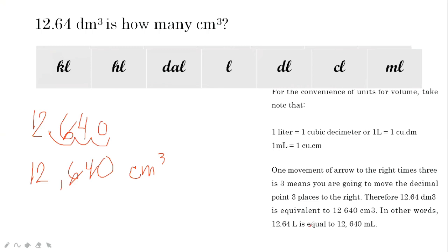Okay, so from liter to ml. So, 1, 2, 3. So, ang 12.64 going to the right. Move natin yung decimal point ng 3 beses. 1, 2, 3. Okay, siya din ang makukuha kasi magiging siyang 12,640 ml. So, ayun na siya. So, that is how to convert cubic meter or liters.